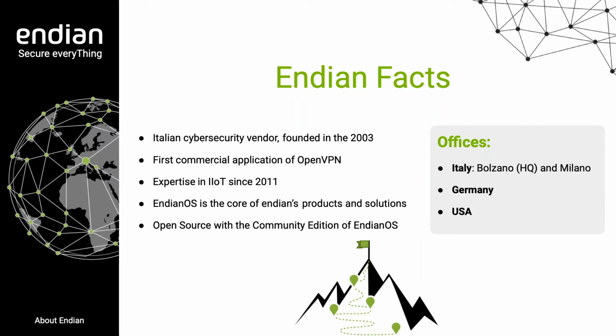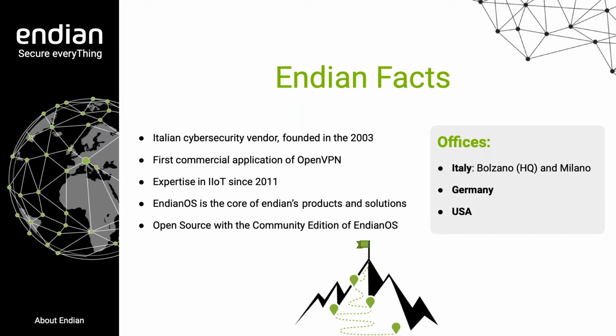In 2011 was when we started to pivot to the Internet of Things or Industrial Internet of Things, IoT, and we've just been strengthening that position ever since. And that's really become a big component of Endian.